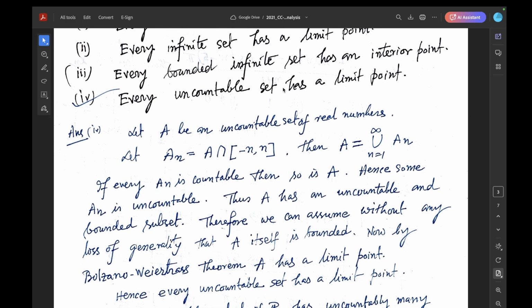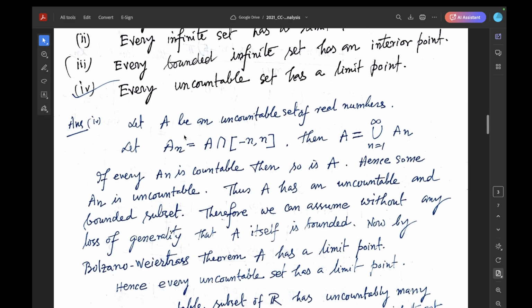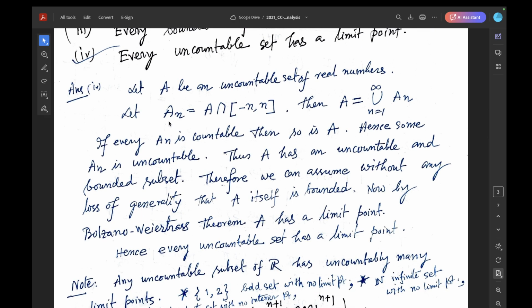Every uncountable set has a limit point. Proof of this statement: let A be an uncountable set of real numbers. Let A_n equal the set A intersected with the closed interval [-n, n]. Then A is the infinite union of A_n for n equal to 1 to infinity.